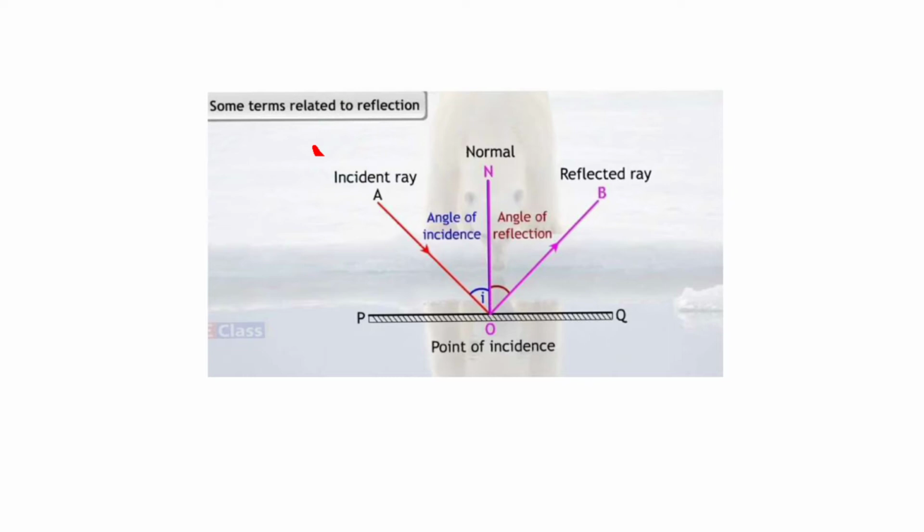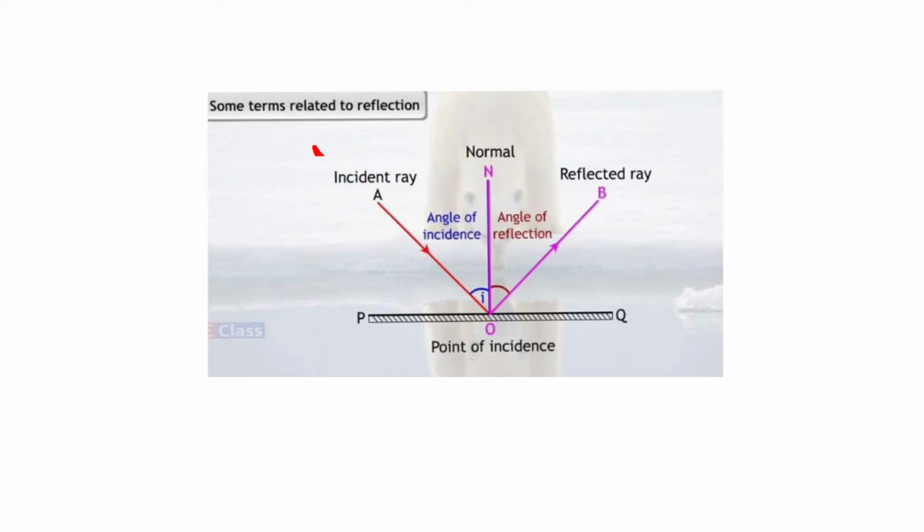And here, between the normal and the reflected ray, the angle is called the angle of reflection. So this is the normal and this is the reflected ray. This angle is called the angle of reflection. It is denoted by R. Okay. And this is the point of incidence.